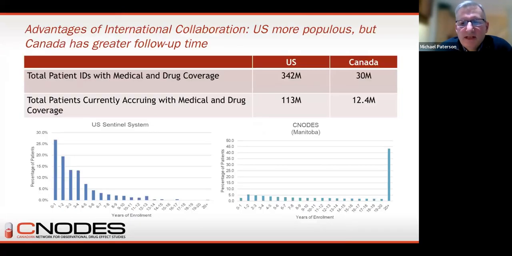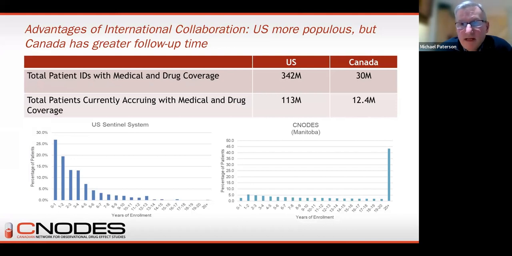One of the nice things about collaborating with our US colleagues is the complementarity of the data in the two systems. While obviously the population size is multifold larger in the US, we have advantages in Canada as well. You can see here on the left-hand panel, the distribution of enrollment time in the US Sentinel distributed database.